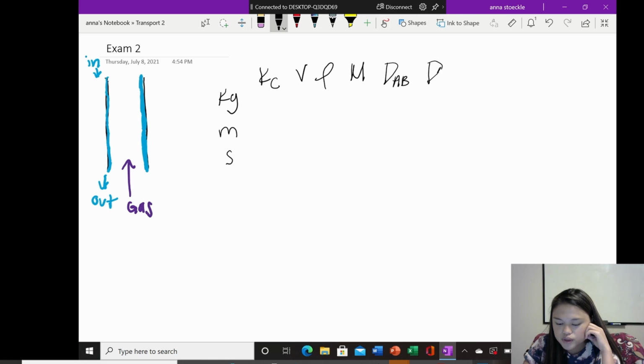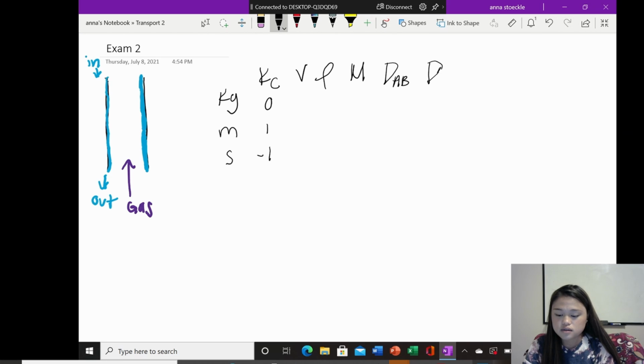So what we want to do now is create this design matrix by filling it out. Looking at the mass transfer coefficient, we see that it's in units of meters per second. So there's no kilograms. Meters are going to be in the numerator, and seconds is going to be in the denominator. And that's how we're going to continue filling out this design matrix.